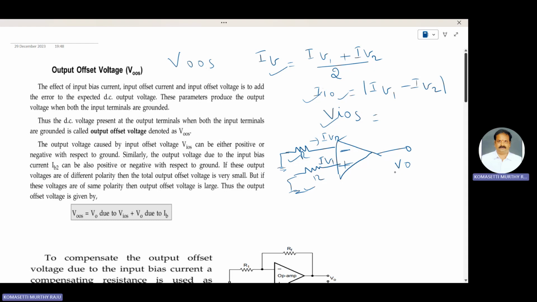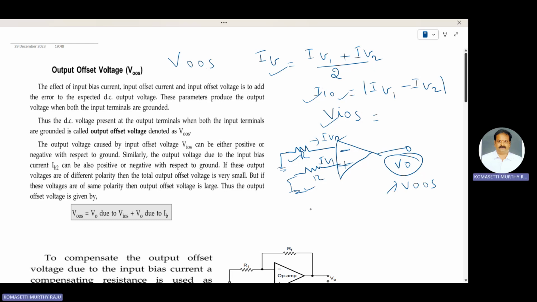The DC voltage present at the output terminal when both the input terminals are grounded is called the output offset voltage.